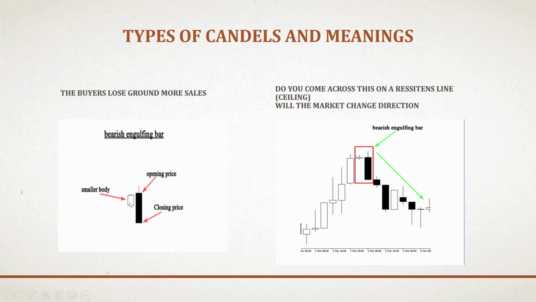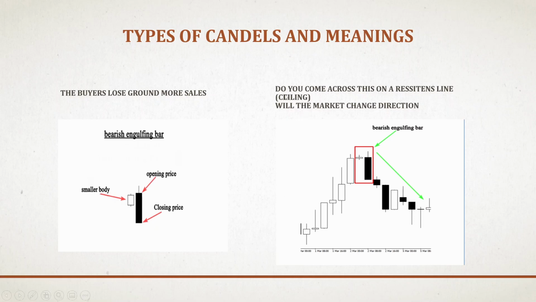The first candle was a very small one, and for the second one the sellers had complete control over that day and made sure that the market went completely down and completely ate up the first candle. So when you see this sign in a market, the direction of the market can change. That's why it's very important to remember what candles do and how they work.